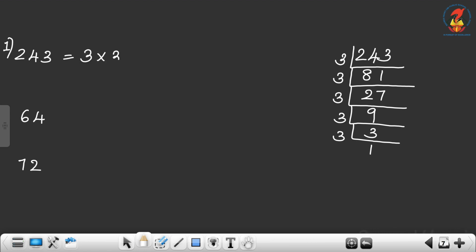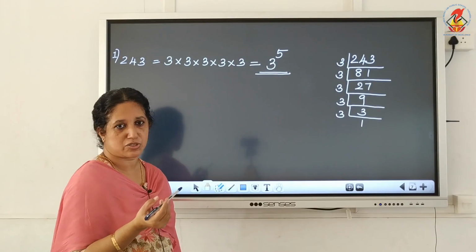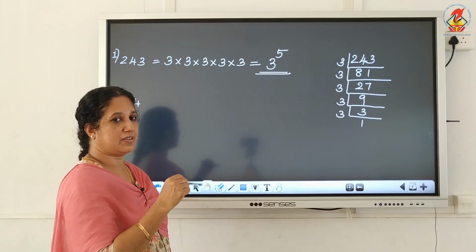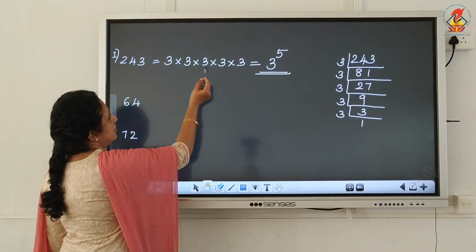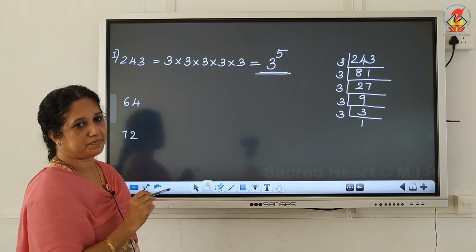So we can write 3 into 3 into 3 into 3 into 3, which is the number 3 multiplied by itself 5 times. So first you write 3 and on the right hand side up, write 5. So 243 is equal to 3 raised to the power 5. And what is 3 raised to 5? 3 into 3 into 3 into 3 into 3. When you multiply the prime factor 3 five times, you will get the number 243.